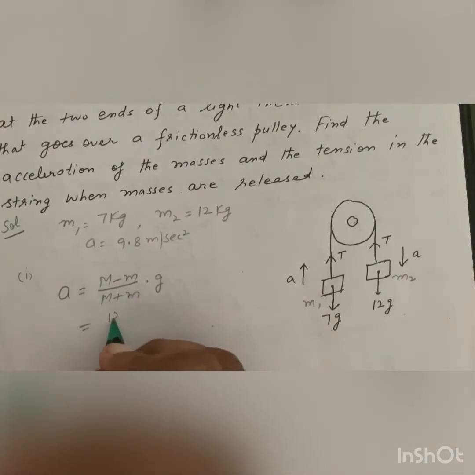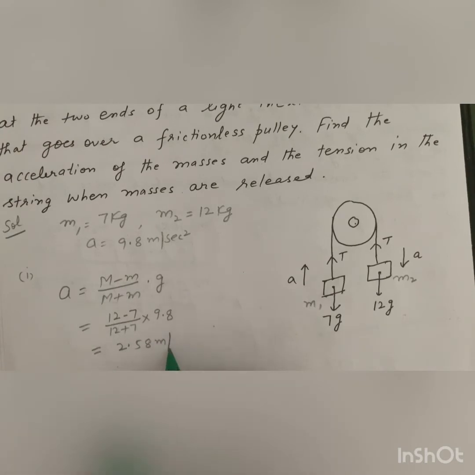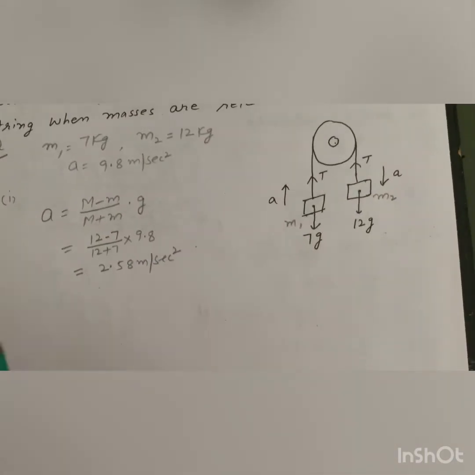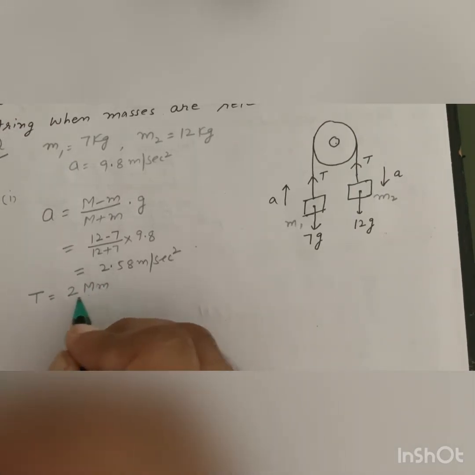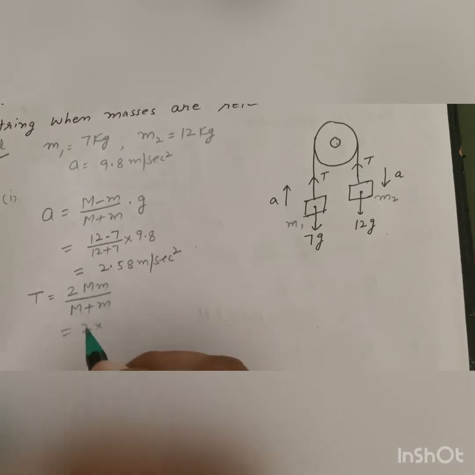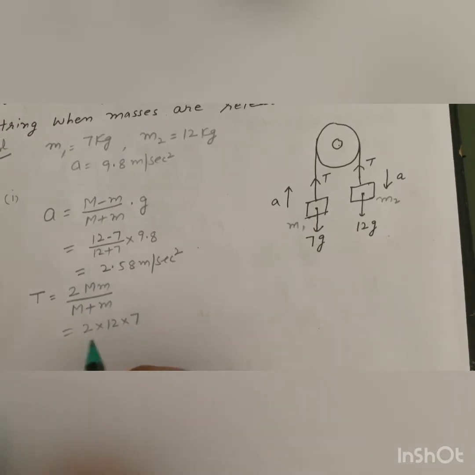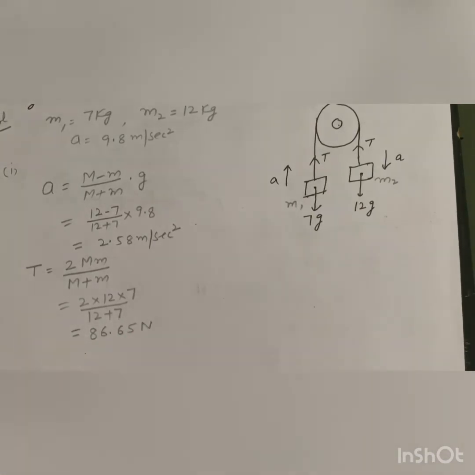We get 12 minus 7 over 12 plus 7 into 9.8, that is equal to 2.58 meter per second square, and tension is given by T equal to 2 m1 m2 over (m1 plus m2) into g. Here this mass is 12, this mass 7, over 12 plus 7, that is equal to 86.65 Newton.